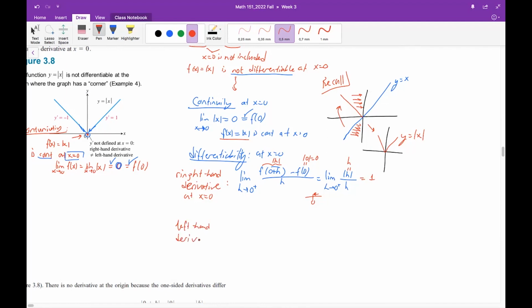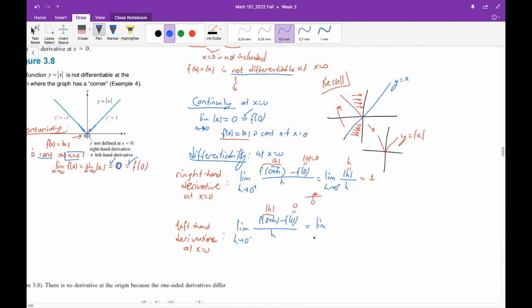Let's look at the left-hand derivative at x equals 0. So, the limit as h goes to 0 from the left of the same thing. These are all the same. This is the absolute sine of it. This is 0.